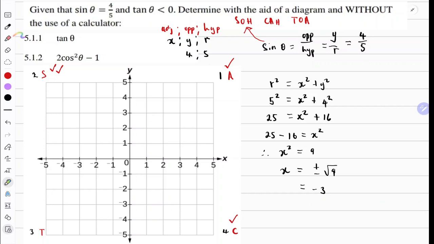So our point, we can call it P, is 3 units on the negative x-axis. So it's somewhere there. And it's 4 units on the positive y-axis there. So it means our point is here.